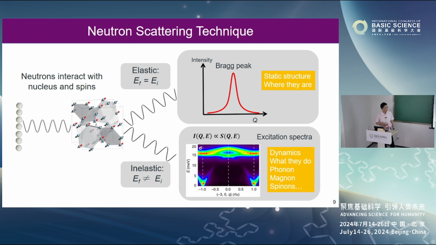So you can probe phonons, magnons, and also spinons. But the material I just talked about, sodium iridate, is very unfriendly to neutron scattering because iridium absorbs neutrons very strongly. And another thing is that you can't get high quality large single crystals of sodium iridate.